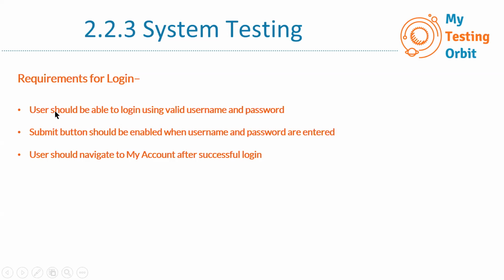The requirements are: users should be able to log in using valid username and password. Submit button should be enabled when username and password are entered. User should navigate to my account after successful login. So we have got these requirements for the login page. Developers will take these requirements and develop the login page.